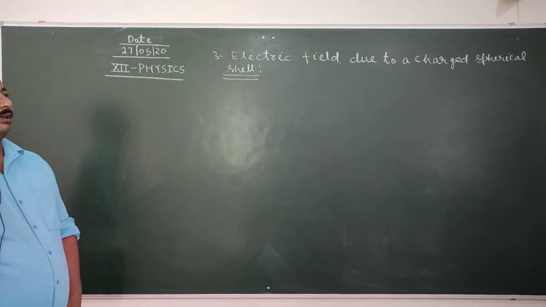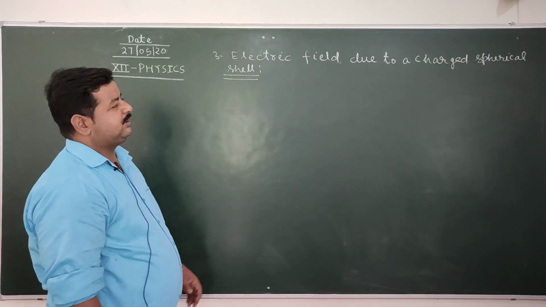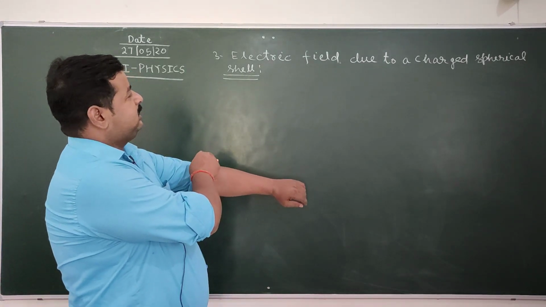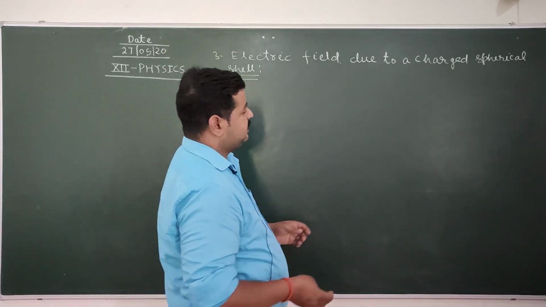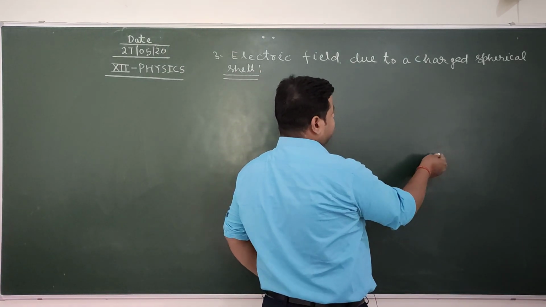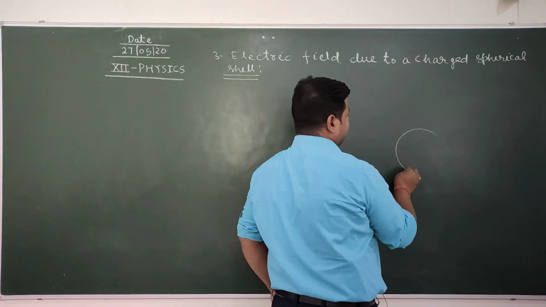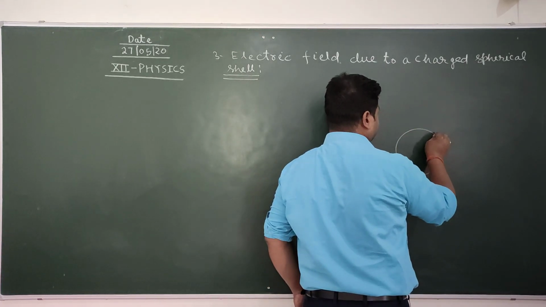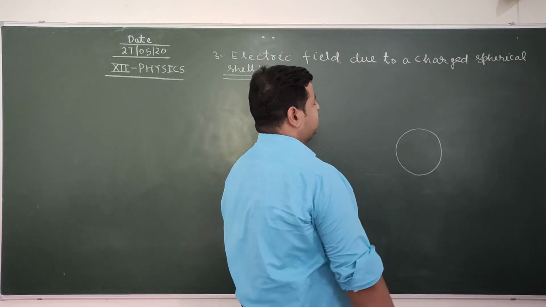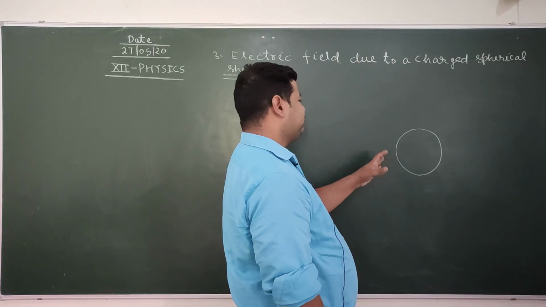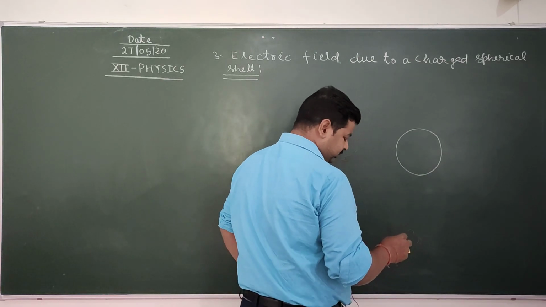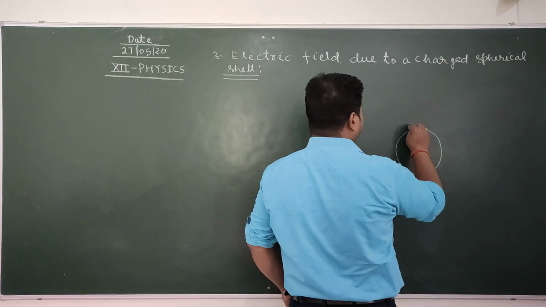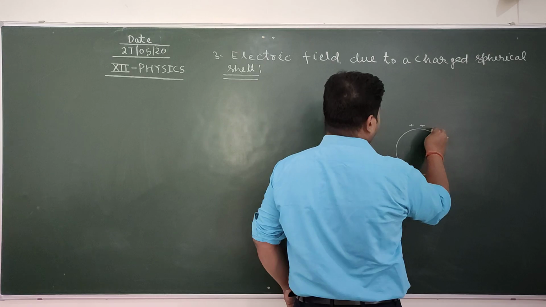a charged spherical shell. So first of all we draw the diagram to calculate the electric field due to a charged spherical shell. Clear? So here we assume that this is a spherical shell, and if we give a charge on that spherical shell, then charge will be distributed over its surface.